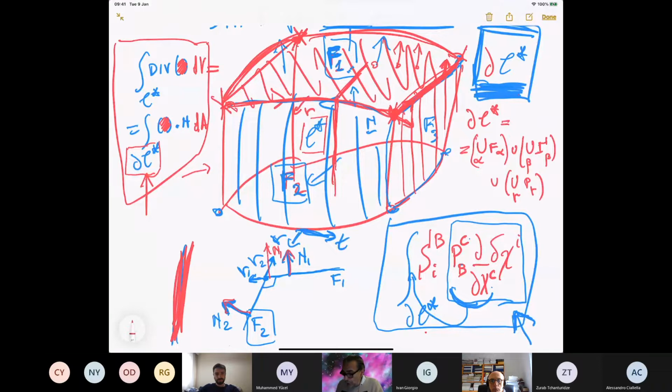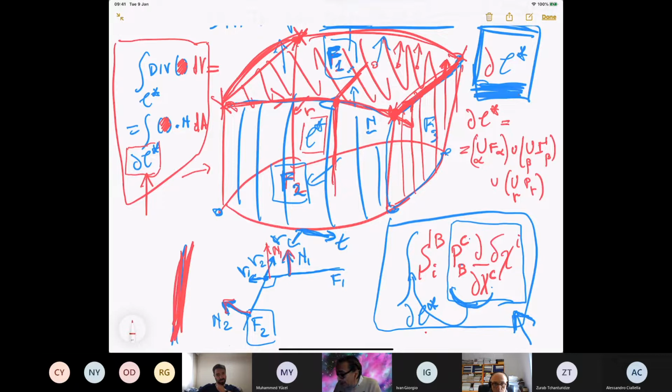Nu1 is the normal vector to the curve which is the border of F1 here, and nu2 is the same for the face F2.